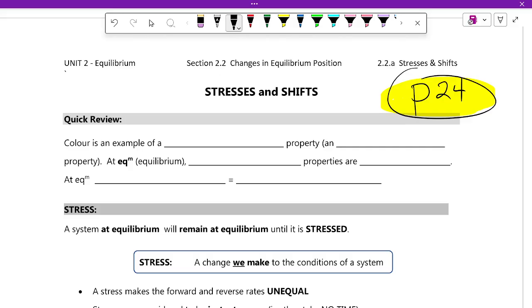So, color is an example of what type of property? Observable properties. Observable, what's the other word we can use for that? Macroscopic. An observable property.